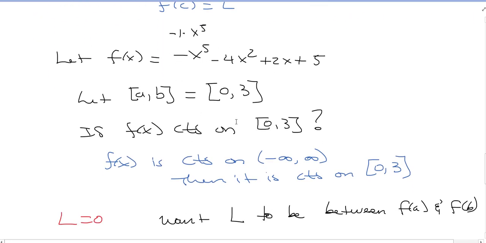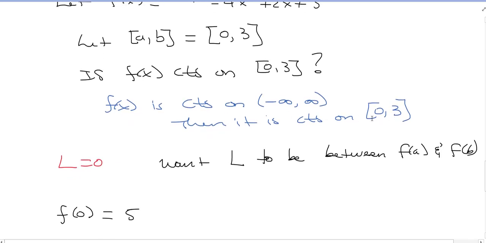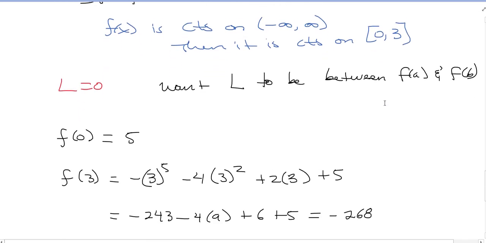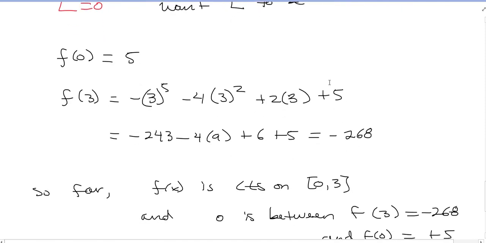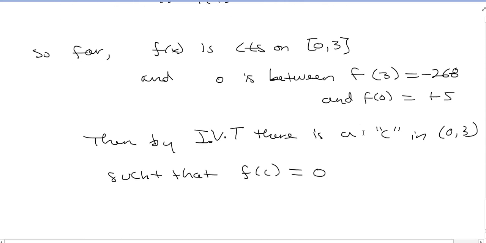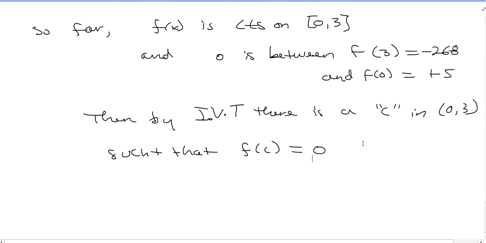We established that f of x is continuous because f of x is a polynomial, so it's continuous on the entire real line, and therefore on the closed interval. And we find the values at our endpoints, 0 and 3, and we see that one is positive and one is negative. Since the function is continuous and you go from a negative to a positive, what has to happen? You have to go through 0 in there. So there is a value such that we have a solution.